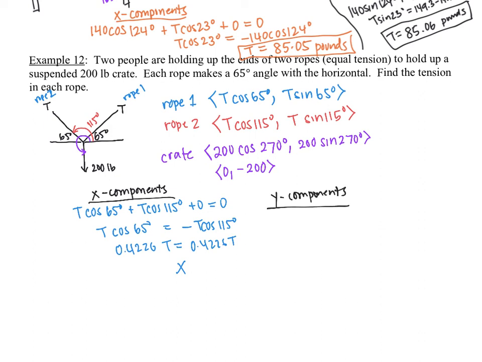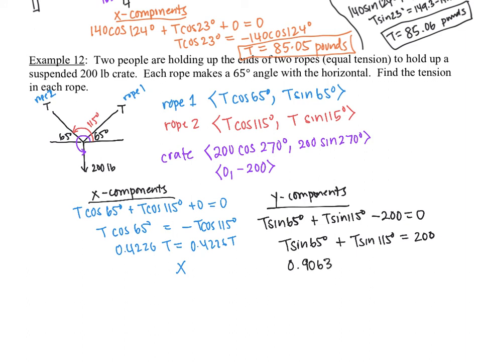Now if I go in the y direction, t sine 65 degrees plus t sine 115 degrees minus 200 equals 0. Let's see. I'm going to move the 200 to the other side. And then I think it's time to consult my calculator. So I'm going to do sine of 65 and sine of 115.